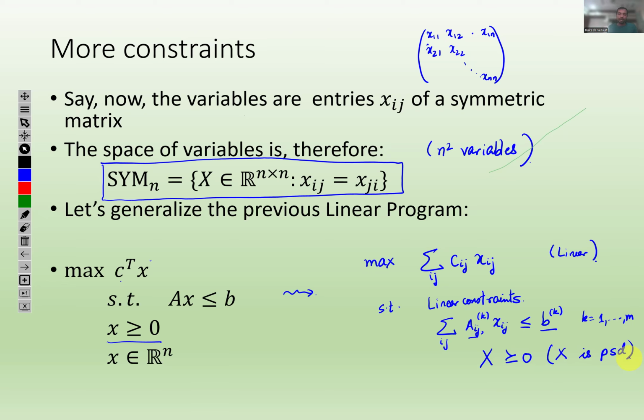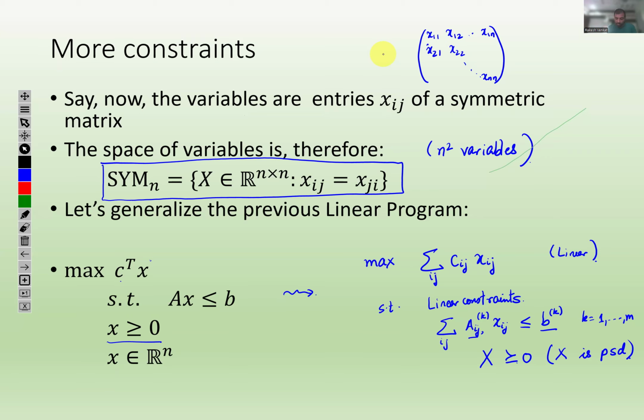I think you've seen some definition of what positive semidefiniteness is before. I'll redefine it again. So this is a constraint on the matrix as a whole. This symbol is for positive semidefiniteness. It is not saying that every entry of X that I'm putting over here is non-negative. It's saying, if you recall, that every eigenvalue of this matrix is non-negative.